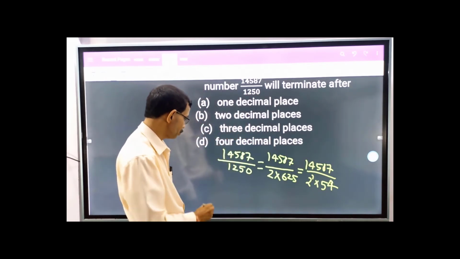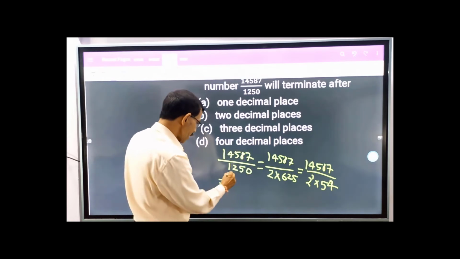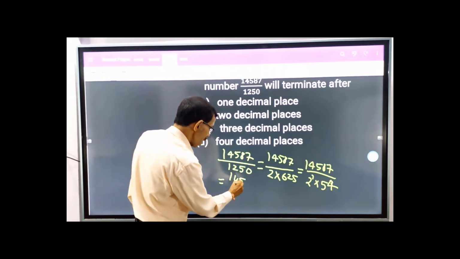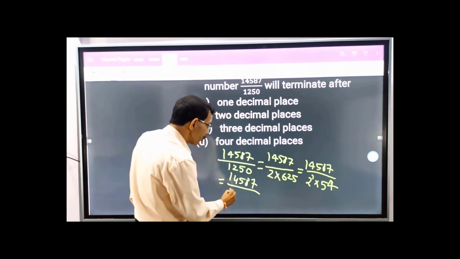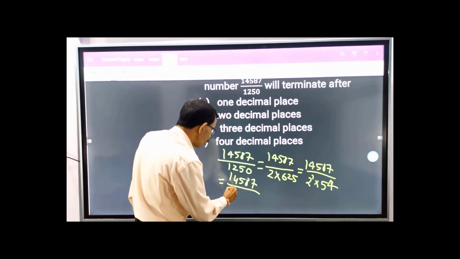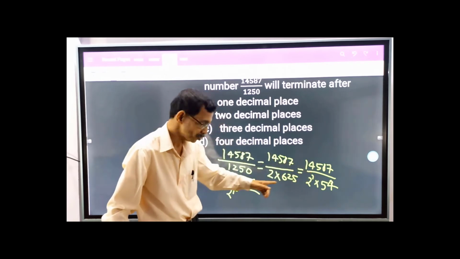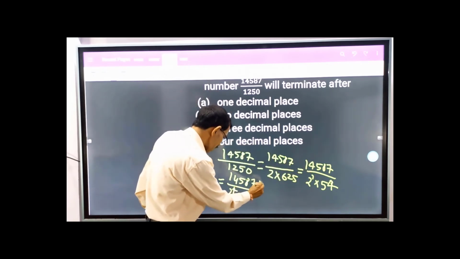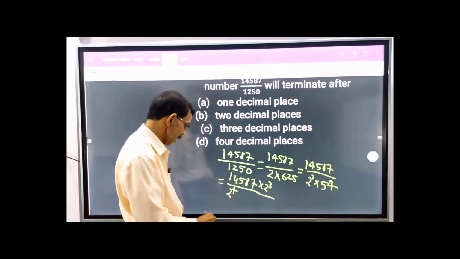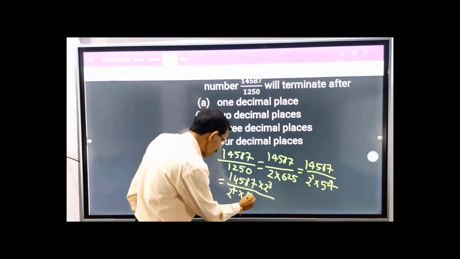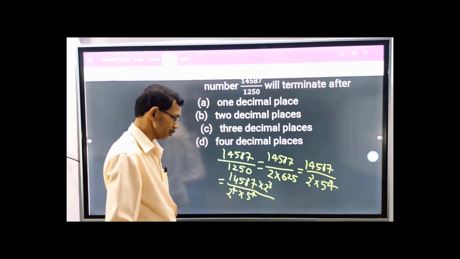Now further this can be written as 14587 divided by, I will raise this power to 2 raised to 4. From 1 I raised it to 4. So for that I multiplied by 2 raised to 3, that is 8. And of course this is 5 raised to 4.